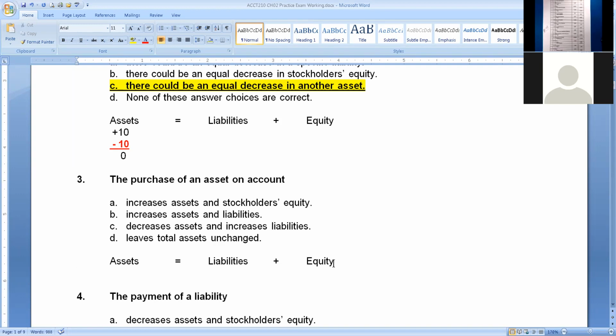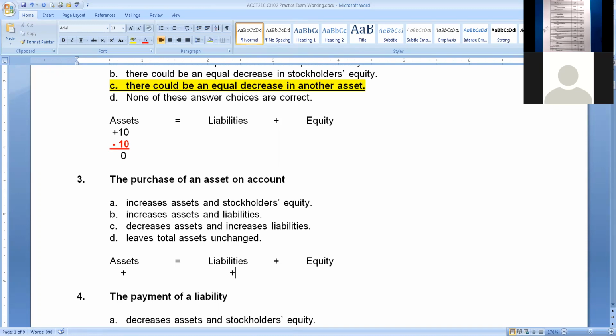Would it be accounts payable then? Yes, exactly. So assets would be going up. We purchased an asset, so the assets are going up. And then the liabilities, and here's the tricky part, are the liabilities going up or down? Up. Yep, good.